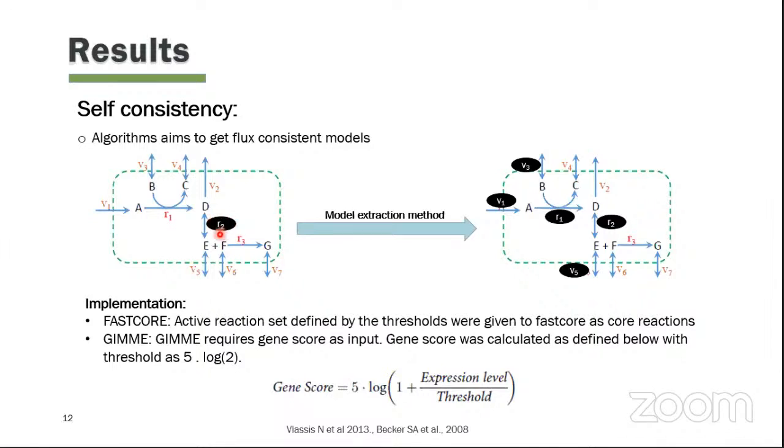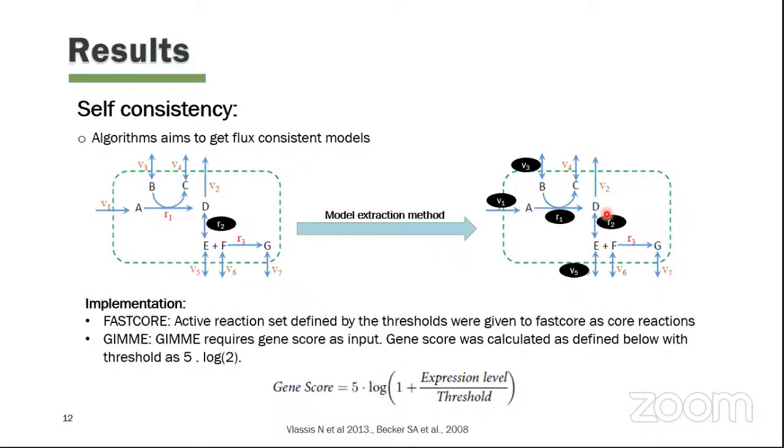For reaction R2 to occur, we need D. For D to occur, we need A and B. So whatever reactions are required, taking substrate from the outside, these reactions will be defined. If we say R2 is an active reaction, the algorithm also adds these reactions to the final context specific model. This is what consistency means. Most algorithms try to achieve consistency.